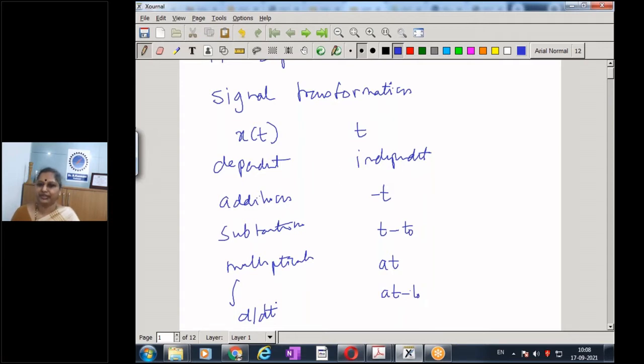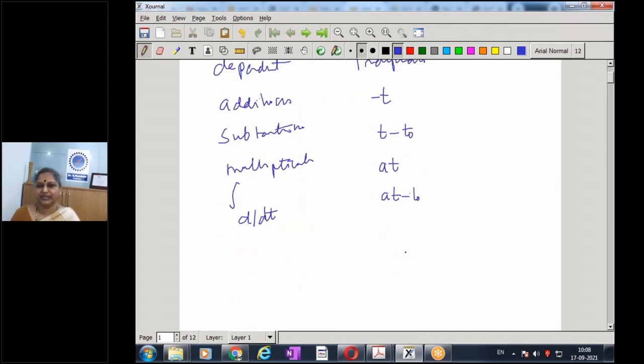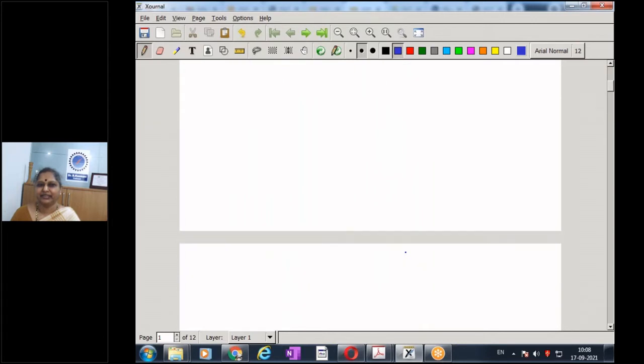We'll focus on a few transformations now, and we have already seen yesterday the transformation of time shifting. Yesterday, for example, we had taken a signal, let us say the unit step function u of t, and then suppose I want to consider a signal, say u of t minus 2.